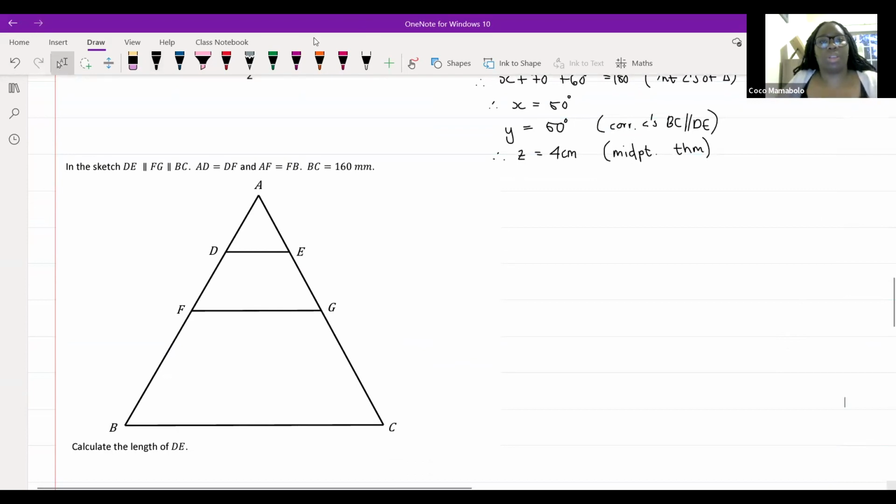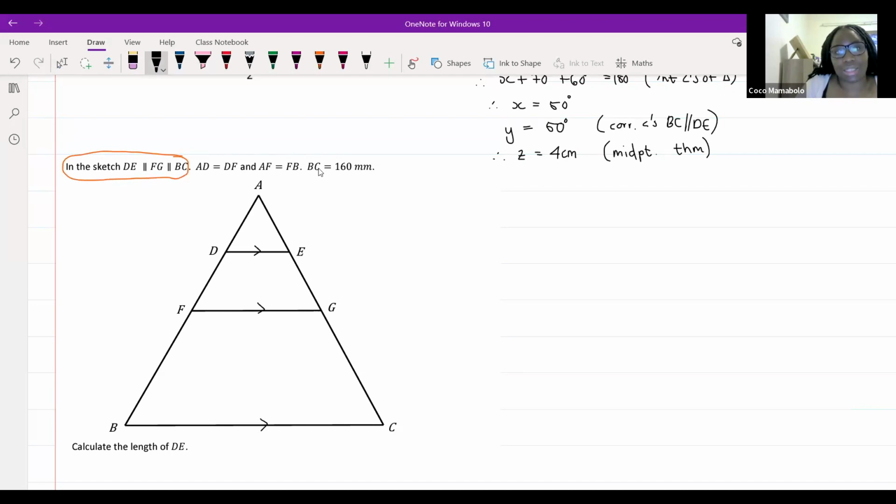It says here, in the sketch, DE is parallel to FG and FG is parallel to BC. Just from hearing this information, we know that that is parallel to that, and that is parallel to that. So all three of them are parallel to each other.